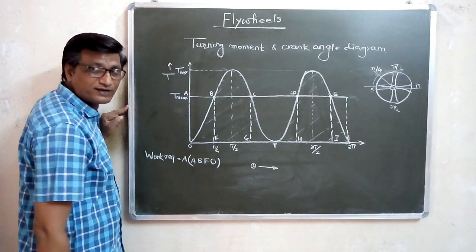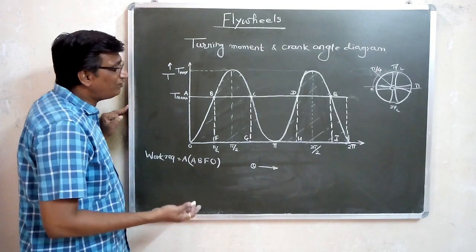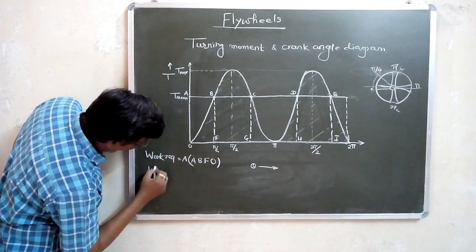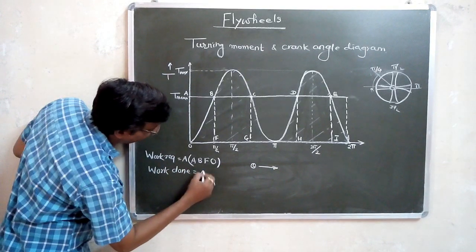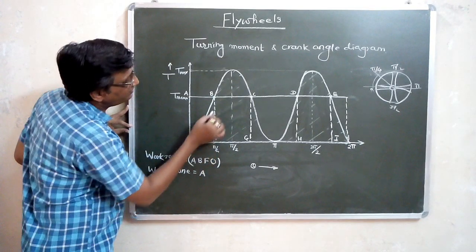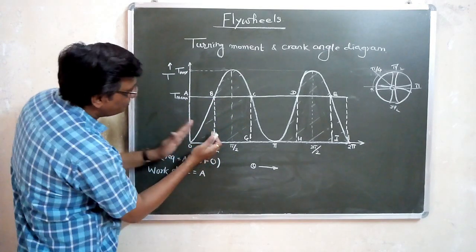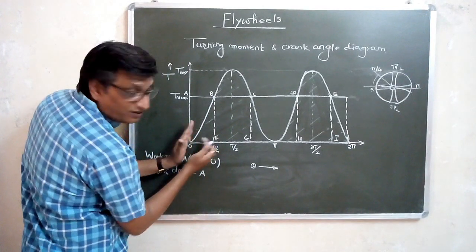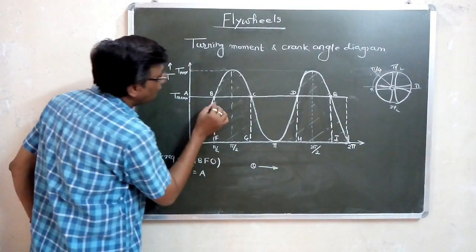Now what is the work done? Work done is nothing but the area OBF. This is the area under the curve. I am considering this rectangle only, so this area under the curve is the work done.